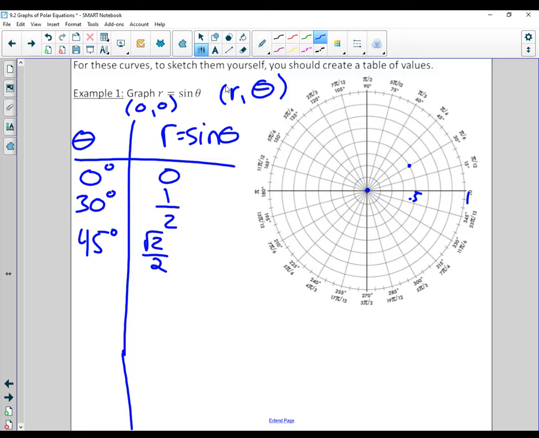Should be a crazy decimal. It's about 0.7. So less than 1. This would be 0.75 right here, right? So at 45 degrees, we're a little bit back here.